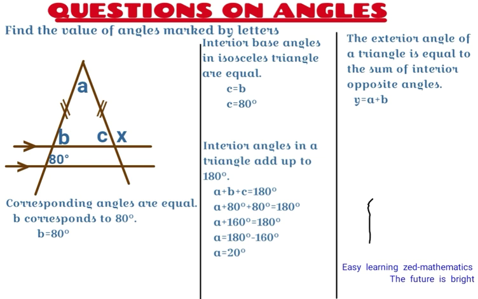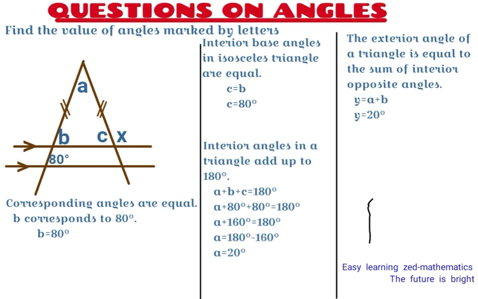So we can say Y is equal to, what is the value of angle A? We found that angle A is equal to 20 degrees. So Y is equal to 20 degrees plus, what is the angle of B? The value of angle B is 80 degrees, as you can see in our first working.